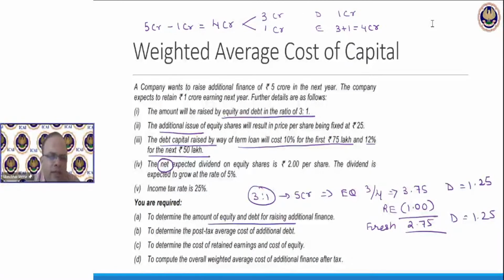Now the next one is determine the post-tax average cost of additional debt. So who will tell me that? Post-tax. And then we are also talking about the cost of retained earnings and cost of equity as well.